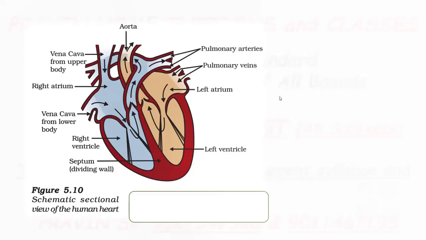This process is called oxygenation. This oxygenated blood from the lungs is again transported back to the heart, and from the heart this oxygenated blood is circulated to the rest of the body.